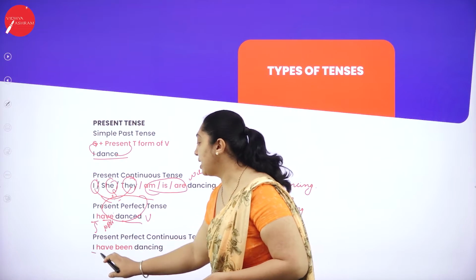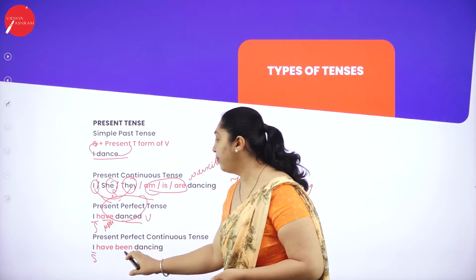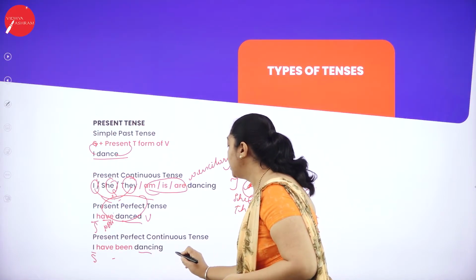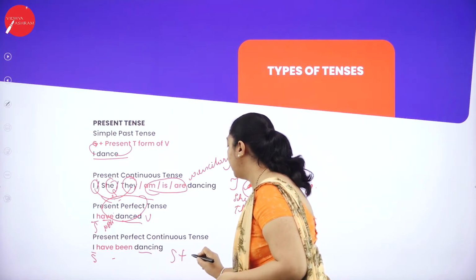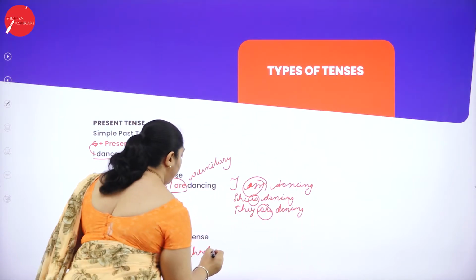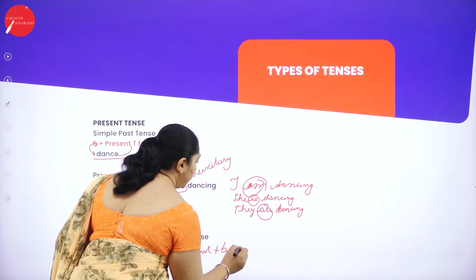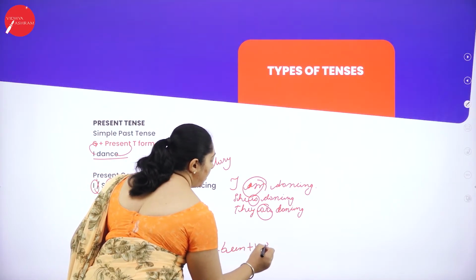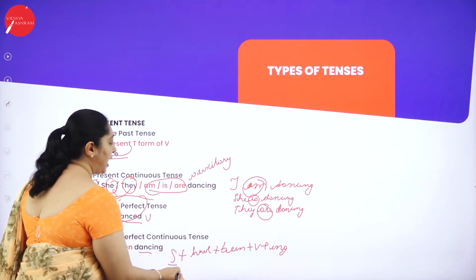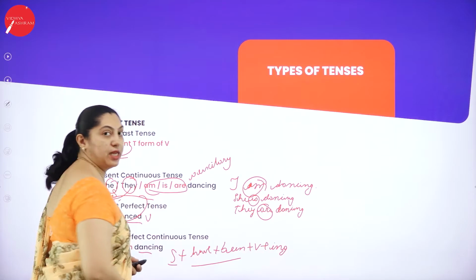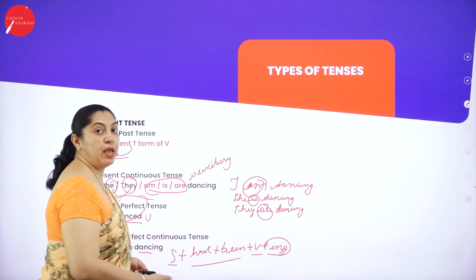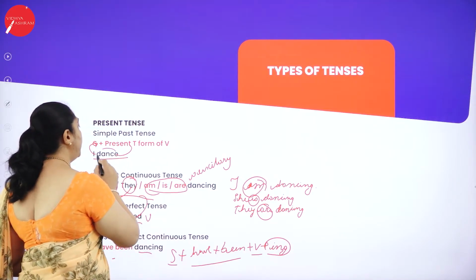I is the subject here. Have been will be the auxiliary verb, and dance. So it is subject plus have plus been plus verb plus ing. Subject is I, have been is the auxiliary verb, and ing is the present form of the verb dance.